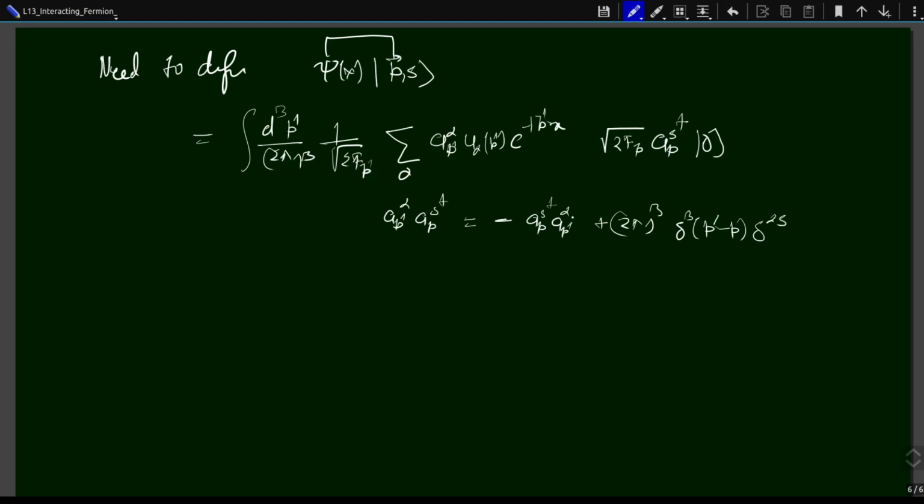Now once I put that in this swapped order, it becomes a normal order and it kills the vacuum to the right hand side. So this contributes 0. It's important, this is not 0, it contributes 0 once acted on the vacuum.